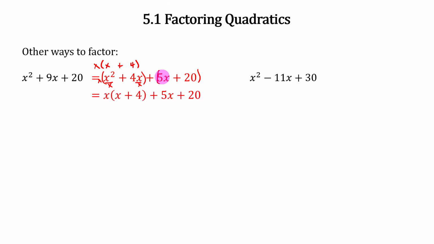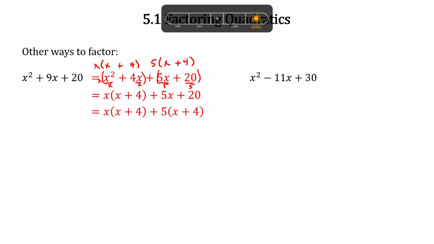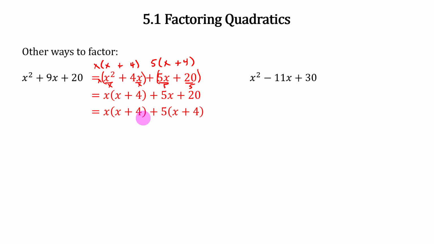Now over here, I'm going to do the same thing. I'm going to factor out a 5. And I'm going to get x plus 4. Now the idea here is I have x plus 4 in common.